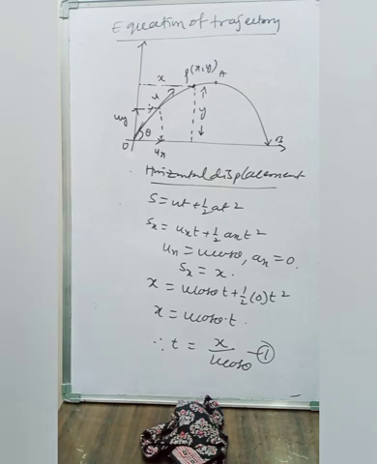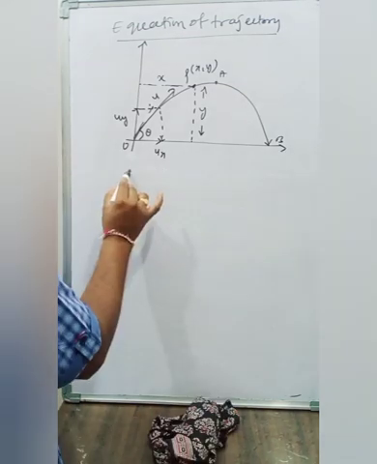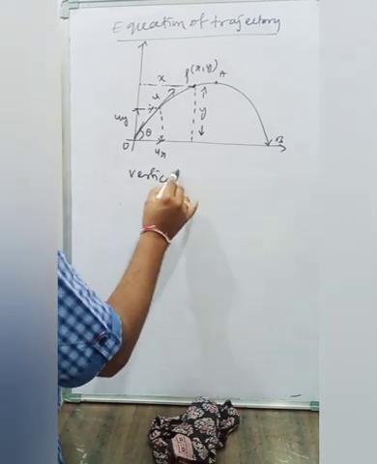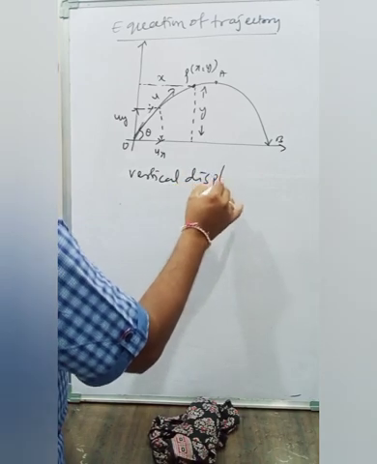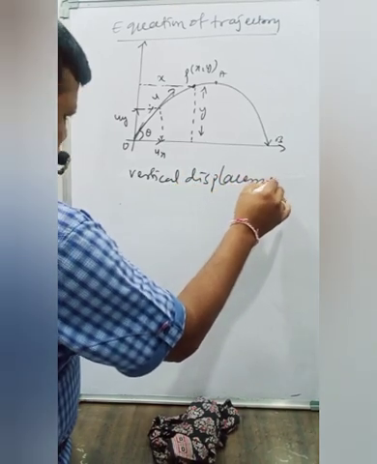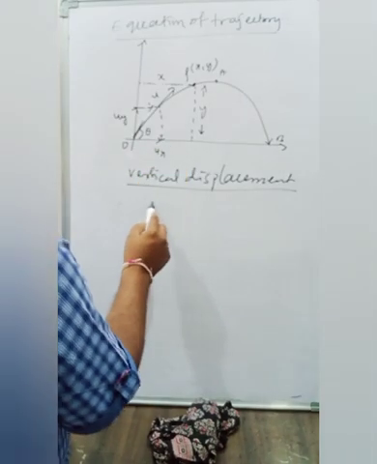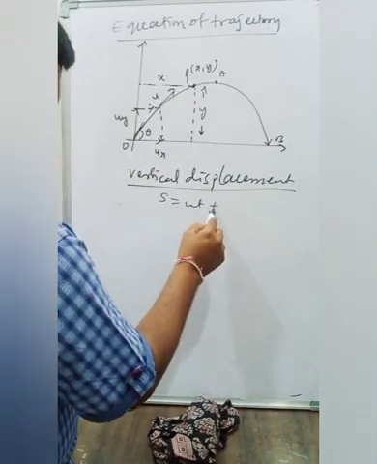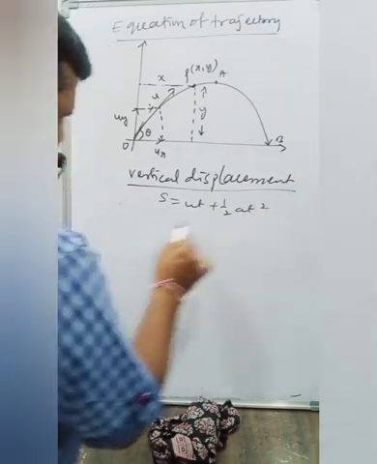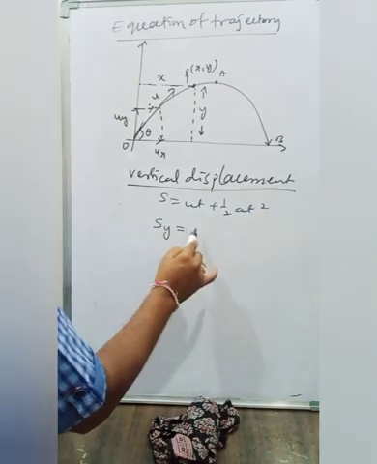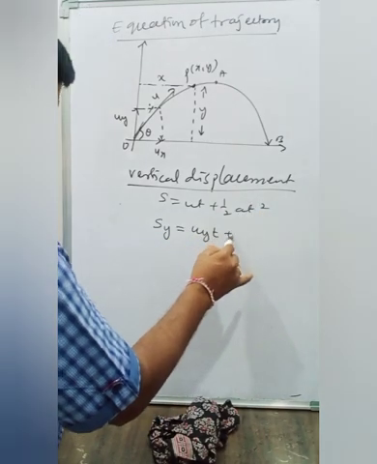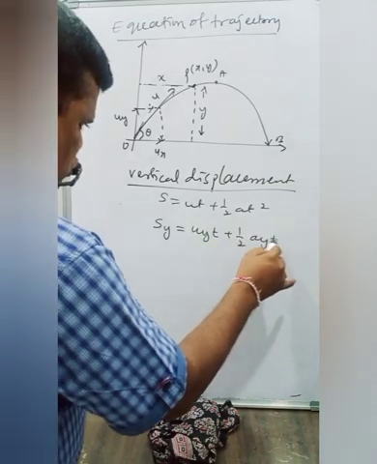So this is the horizontal displacement of a projectile. Next, the vertical displacement. We can calculate the vertical displacement of the projectile by using the same equation, ut + ½at², but taking the y direction: Sy = uy t + ½ ay t².